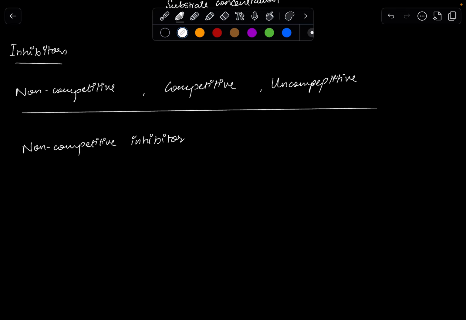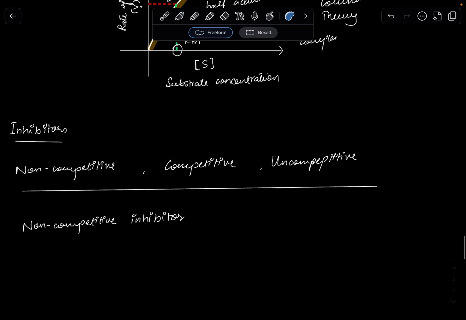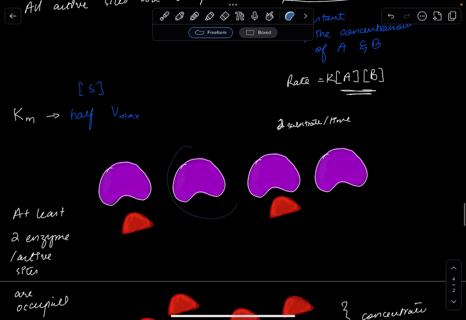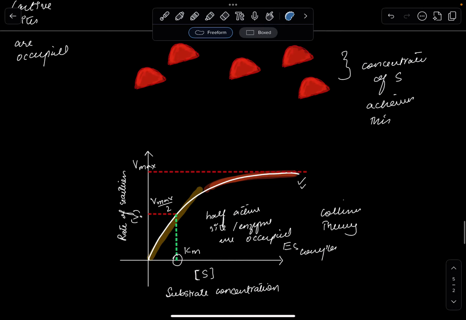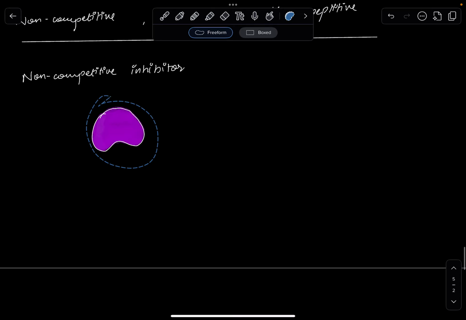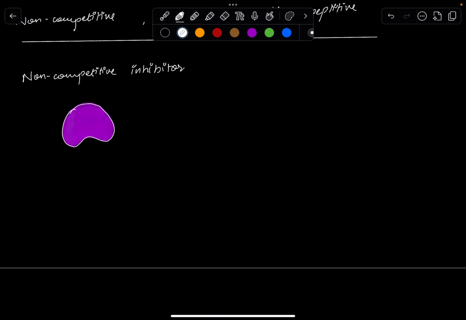In a non-competitive inhibitor, what happens is, this is my enzyme, so I'm going to just copy that real quick. The active site is open, right?